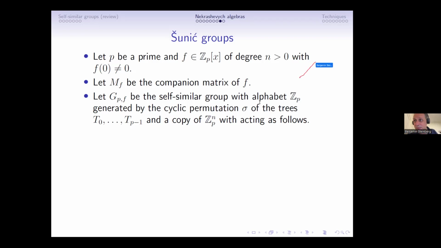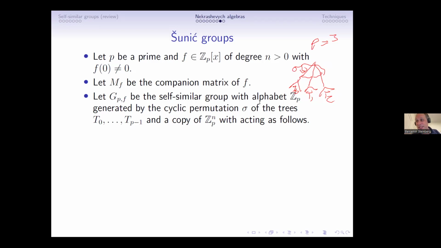Okay, so the alphabet you're acting on is just Z mod P. So I'm going to draw this like P is equal to 3. Then we're going to have a permutation sigma, which cyclically permutes the 3 trees hanging off. It does nothing else, it just cyclically permutes them rigidly.